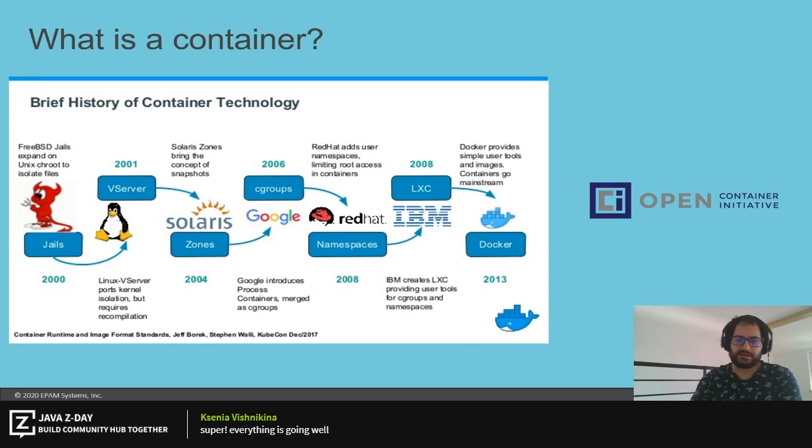IBM created LXC. And finally, after all these technologies that these companies were creating, one company called Docker appeared, and this company said, okay, we can reuse all these technologies that are already in use in the kernel, but for people it is too much to learn about all these technologies and all these commands to run one container.